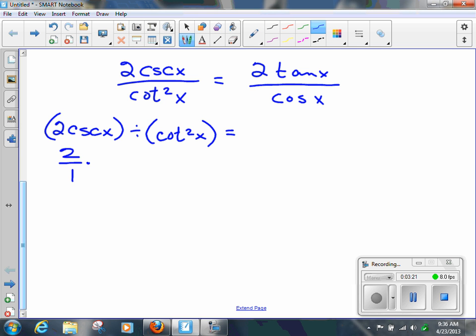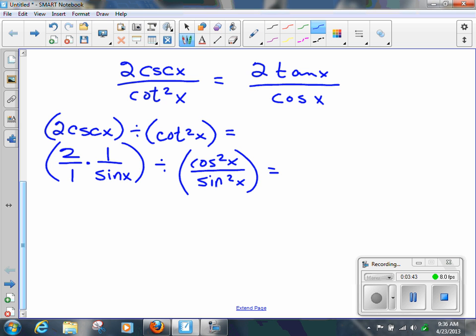So I've got 2 over 1 times 1 over sine divided by, what's another way I can list cotangent? And I'm looking forward. Over here on the right, I've got tangent over cosine. How can I rewrite cotangent squared? Cosine squared divided by sine squared. And then I'm going to clean up this fraction here. 2 over sine x times, I'm going to multiply by the reciprocal, sine squared x over cosine squared x.